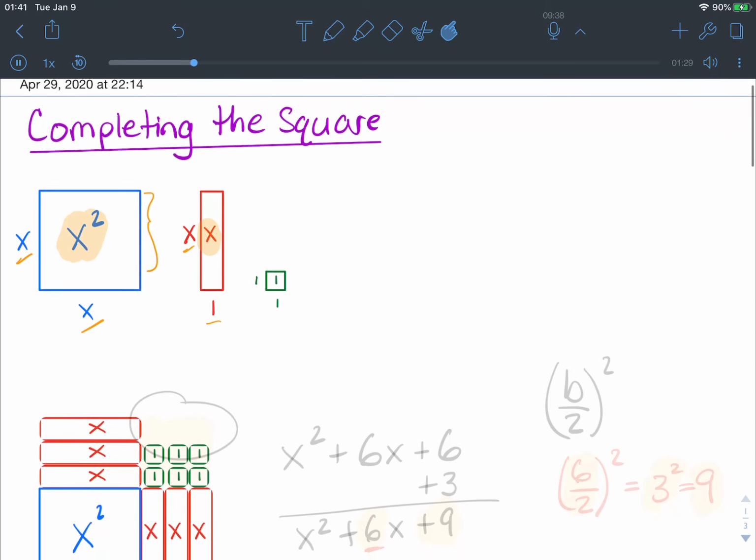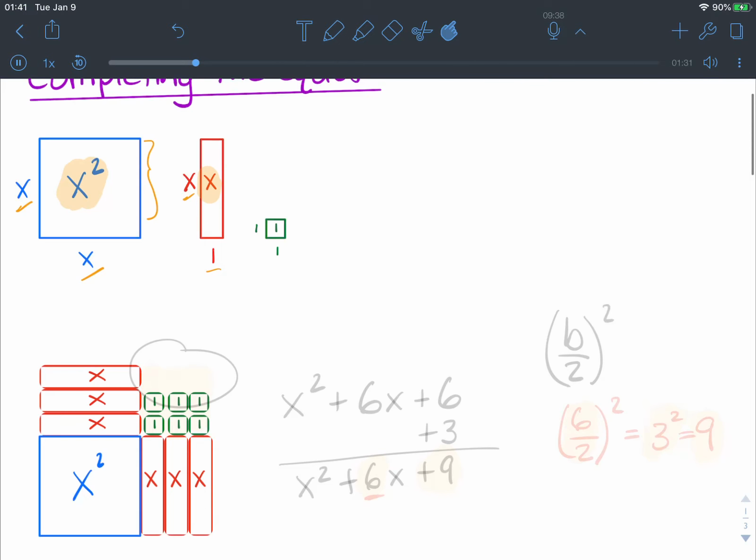So in the image below, what I have there are a bunch of units, a bunch of x's, and only one x squared. So what I want to do is I want to write this out. So as I write it out, we have one x squared piece, and then we have 6 x pieces. There are 6 red rectangles. So we have 6 x's, and then if you count the green squares, we have 6 of them.